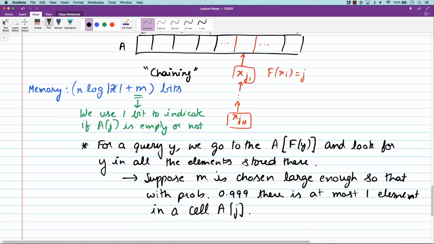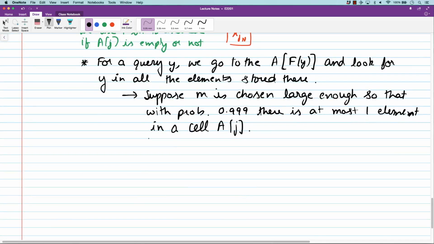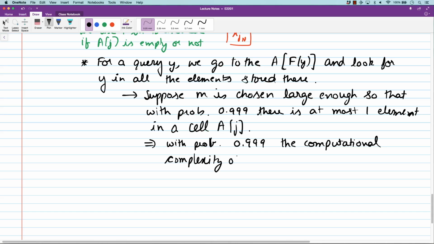Suppose you can choose m. Then with probability 0.99, the computational complexity of search is order 1.